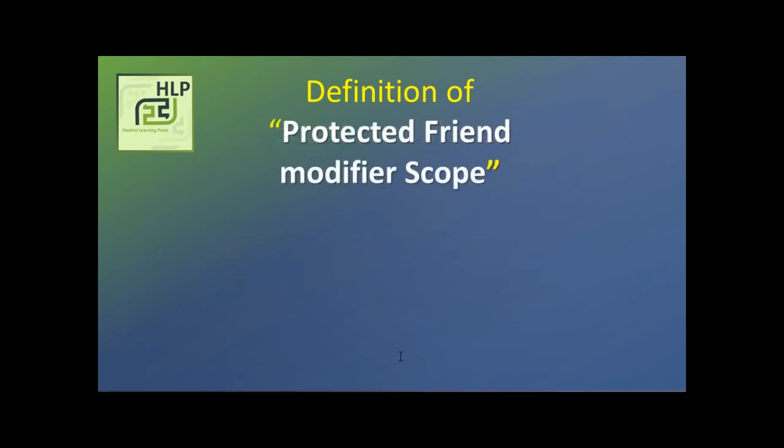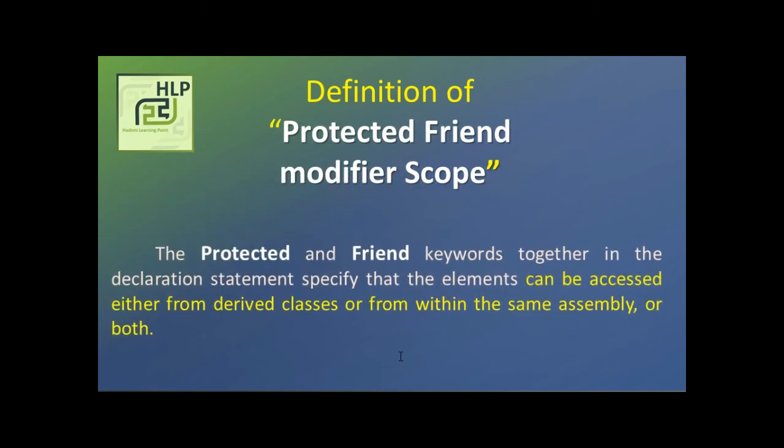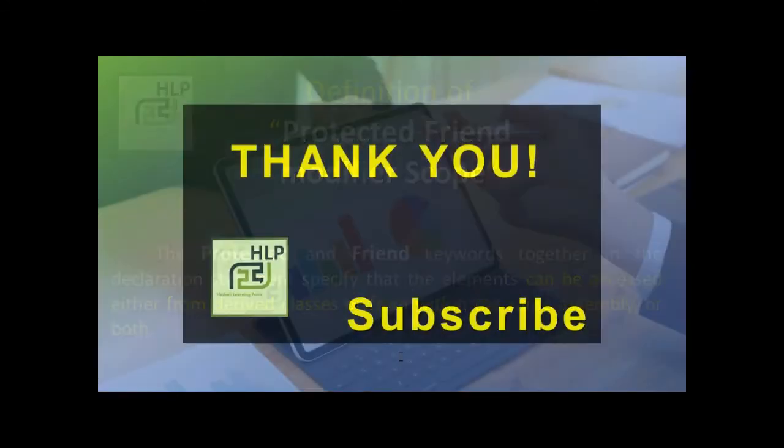Now the Protected Friend modifier scope is the keywords together in a declaration statement specifying that the elements can be accessed either from derived classes or from within the same assembly or both. Dear students, these are the basic definitions of access modifiers.